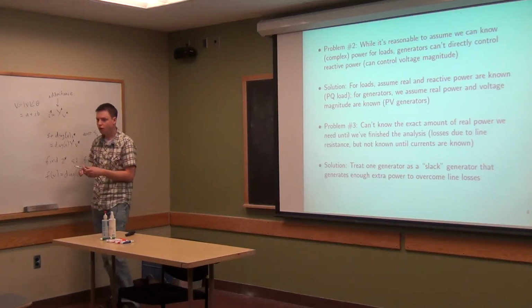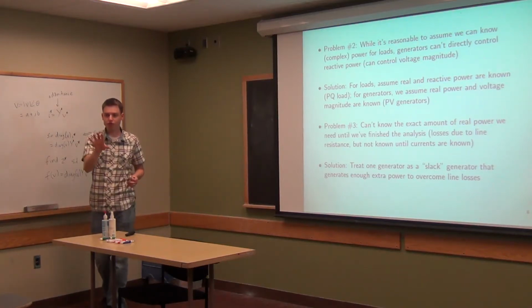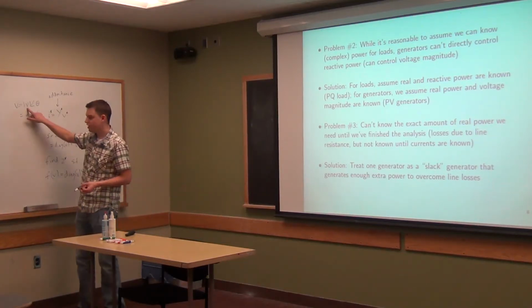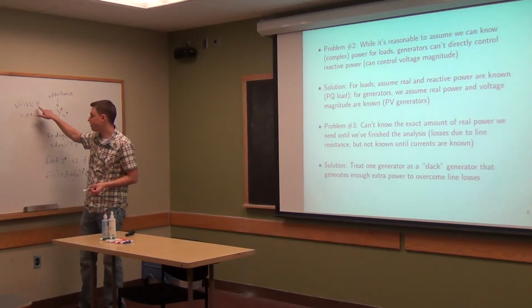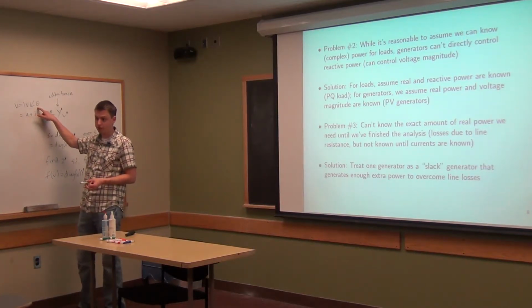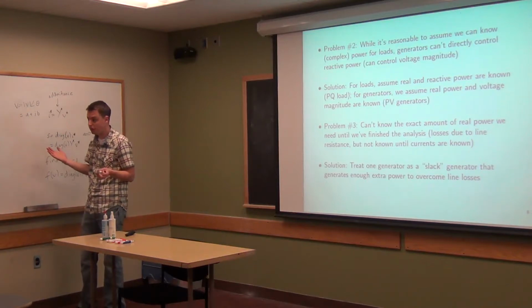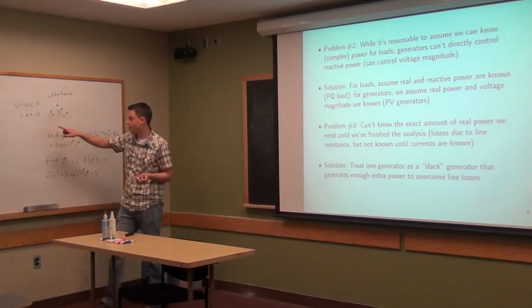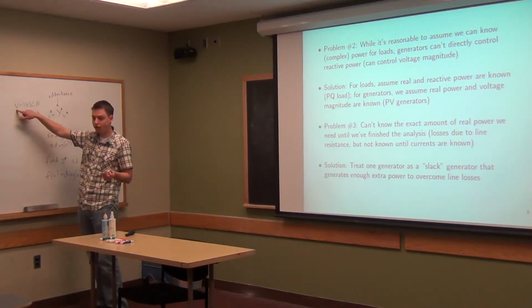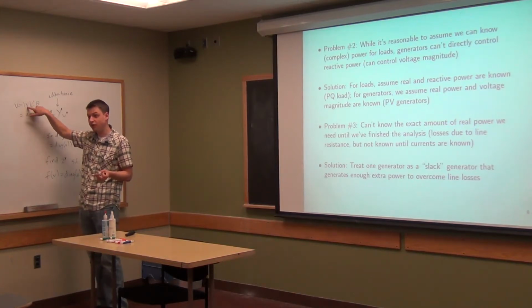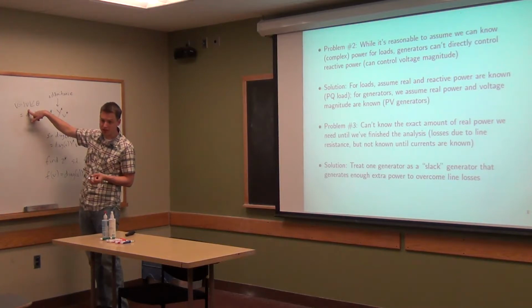So what we know here is we don't actually know voltage fully. Right? What we know is just the magnitude of the voltage. We do not know the phase angle of the voltage. That's part of what we have to figure out. For loads, we want to find out the whole voltage, right? We want to find out both the magnitude and the phase angle, because we don't know either. For generators, though, all that we know is the magnitude, and we want to figure out the phase angle.